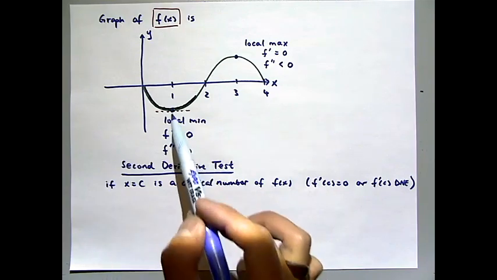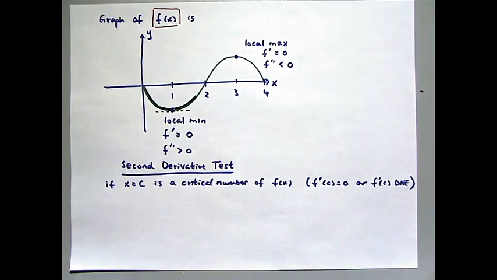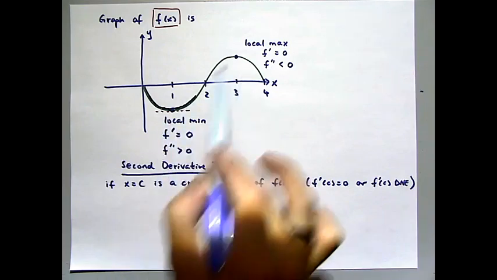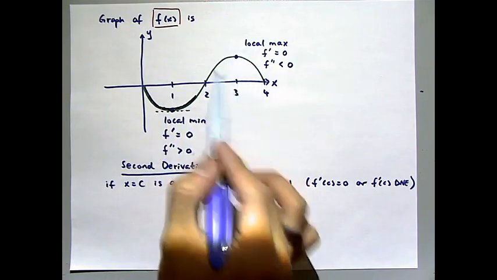Finding this tells us where the flat tangent lines are or where the tangent lines don't exist when we have a cusp or a corner. So this tells us where these two things are. And once we found those, we use the second derivative to tell us what the local shape may look like.